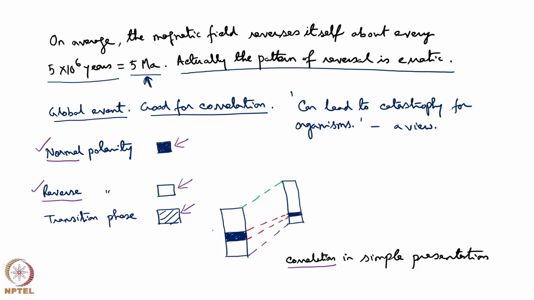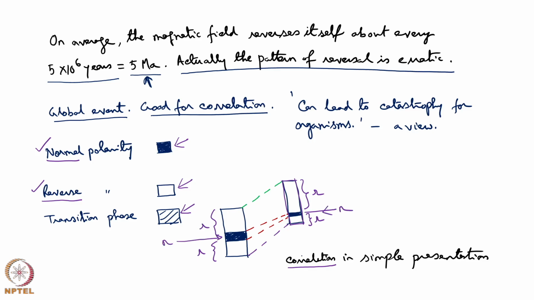Here in the geological time scale, imagine this is a rock record, and from the rock record we have drawn this conceptual rectangle with some shaded zones. This white portion indicates a reverse polarity, this is a reverse polarity and this is a reverse polarity, and this shaded region represents a normal polarity, this represents a normal polarity.